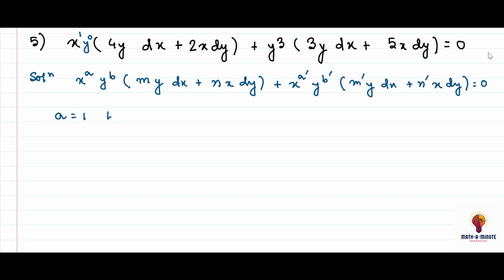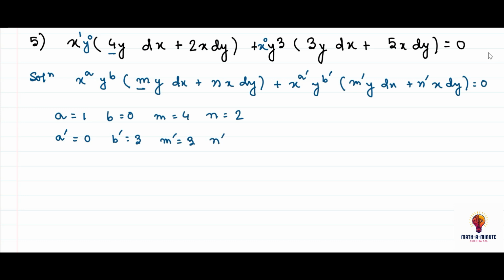Therefore the value of b is 0, the value of m is 4, the value of n will be 2, the value of a' is again 0 because there is no such term, so we consider x to the power 0, b' will be 3, m' will be 3, and n' will be 5.